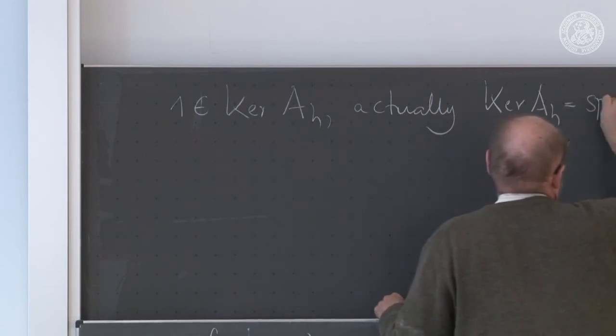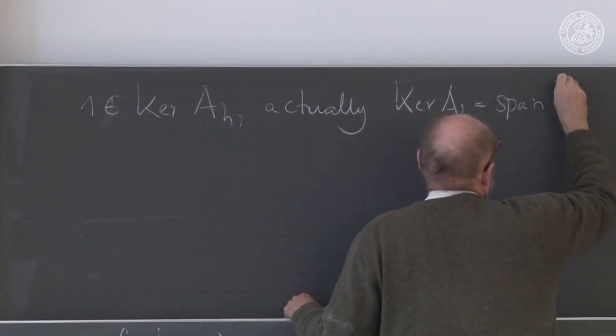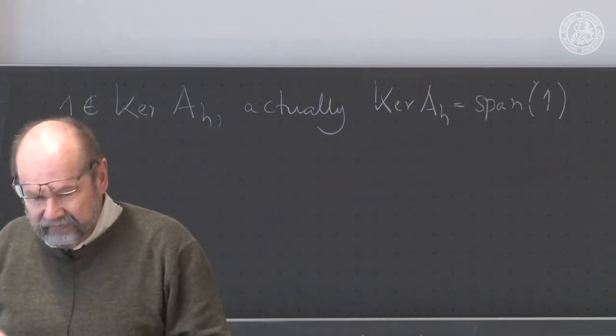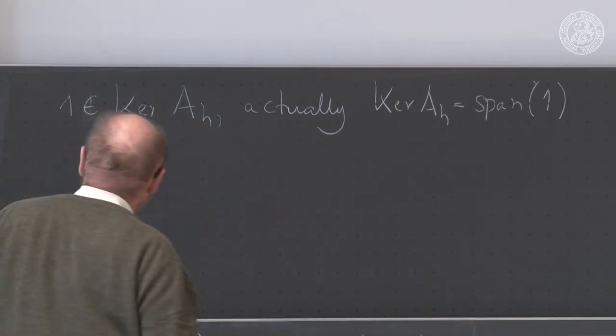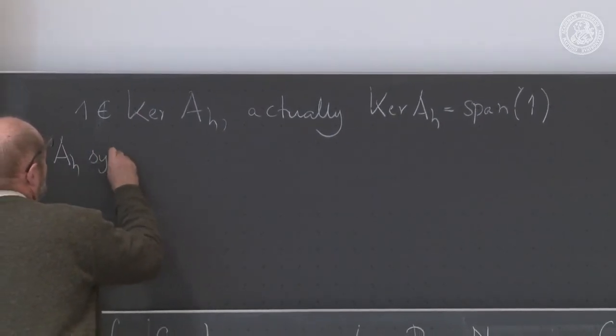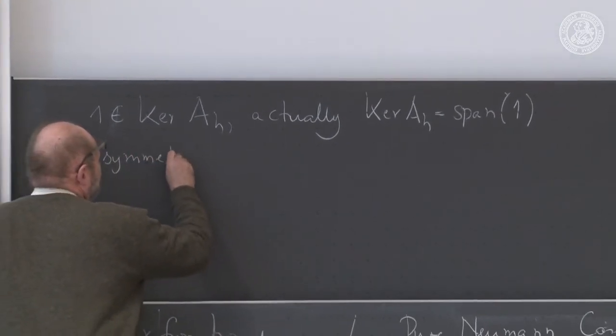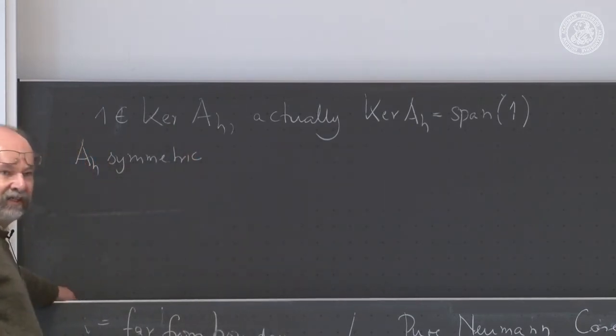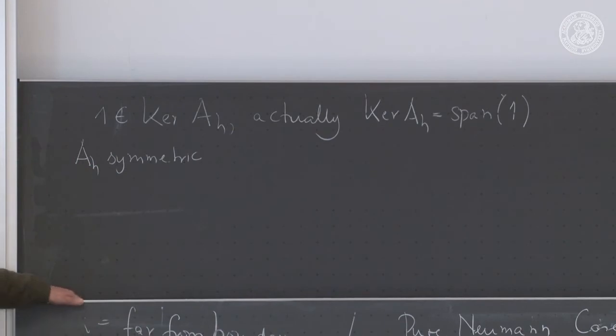It's just the span of this vector. And what we further know is A_h is a symmetric matrix. Now we know everything really to characterize when this set of linear equations is solvable. That is my assertion.